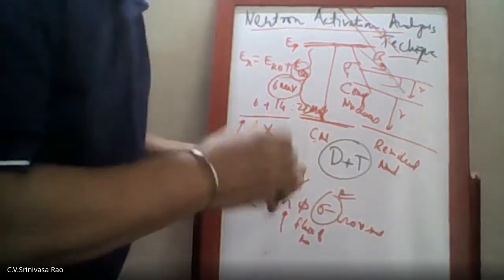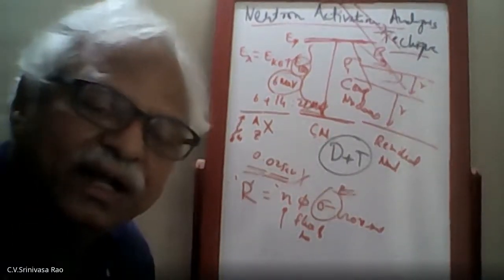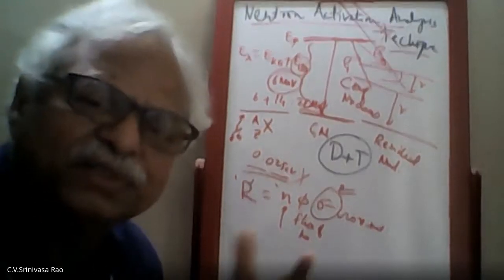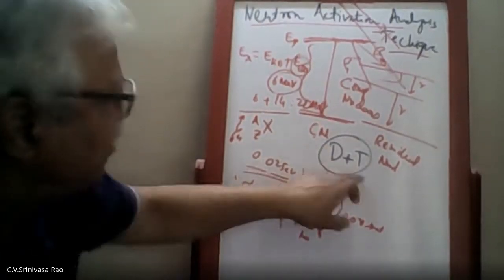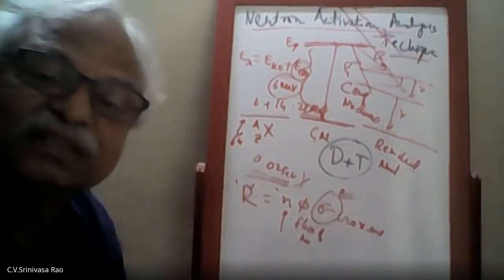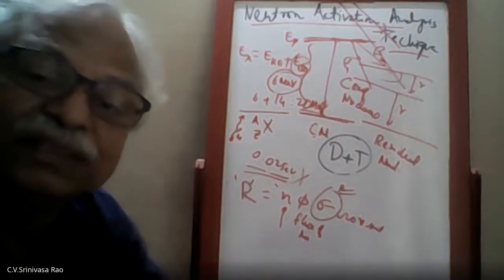In France, we are going to produce this DT reaction. You take a mixture of deuterium and tritium and heat it to very high temperatures. Then these particles overcome the Coulomb barrier, so they can enter into each other's nuclear potential and undergo a nuclear reaction.